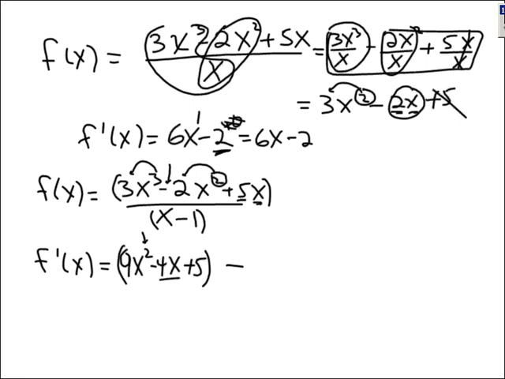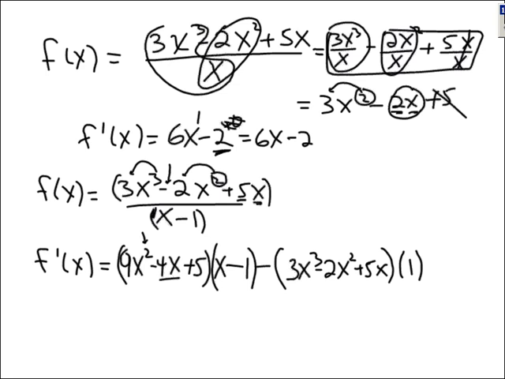The derivative of the top times the bottom, just the bottom, minus the top, just the top, times the derivative of the bottom. Remember, in front of the x is an understood 1. The derivative of 1x is just 1. Minus the derivative of 1, which is 0. 1 minus 0 is 1.